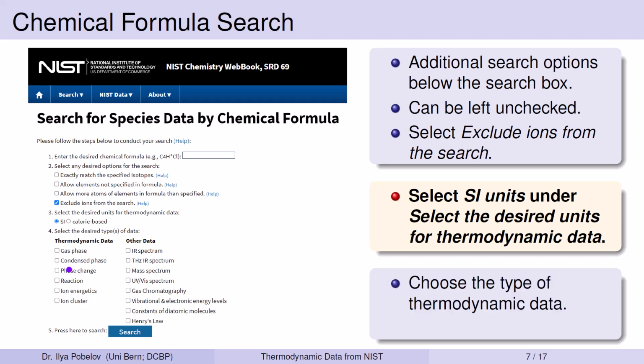Finally, choose the type of thermodynamic data you want to be displayed initially, such as gas phase data, condensed phase data, or phase change data, and press the search button to retrieve the results. A detailed description of these search options and additional guidance is provided on the same page below the search form.